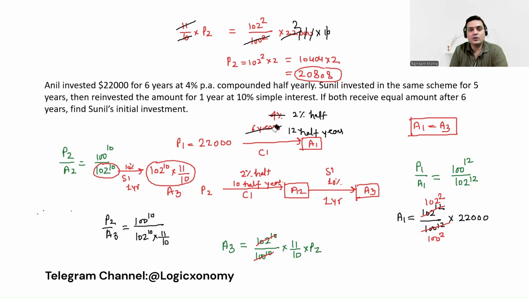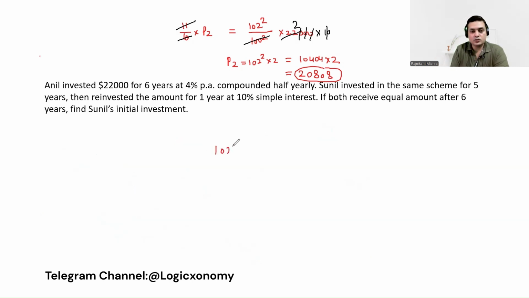Now the question is, how can we find 102 square easily? Here we use the formula a plus b whole square, a square plus b square plus 2ab, but in a different manner.